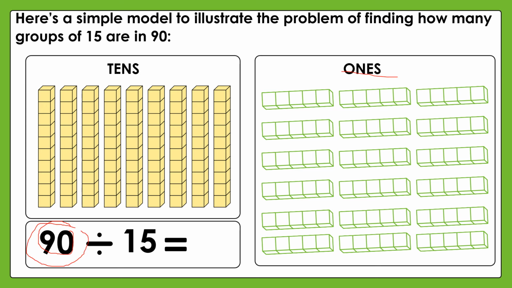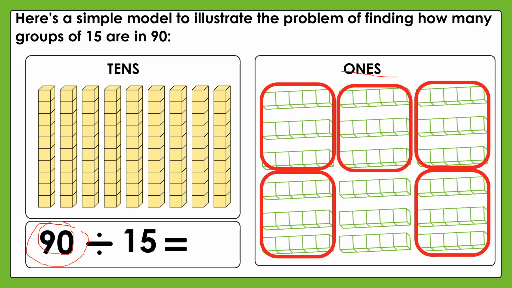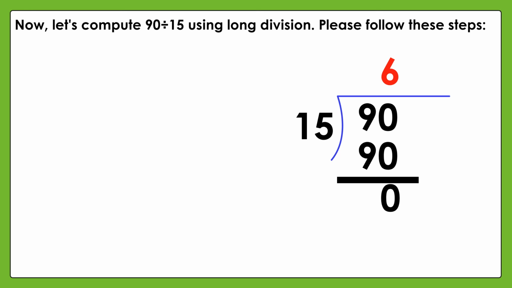Now, let's divide it into 15. 1, 2, 3, 4, 5, and 6. Therefore, 90 divided by 15 is equal to 6.